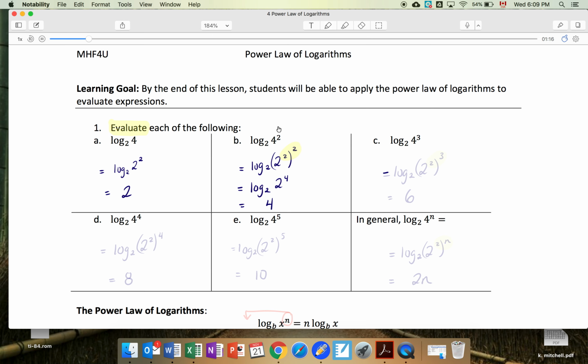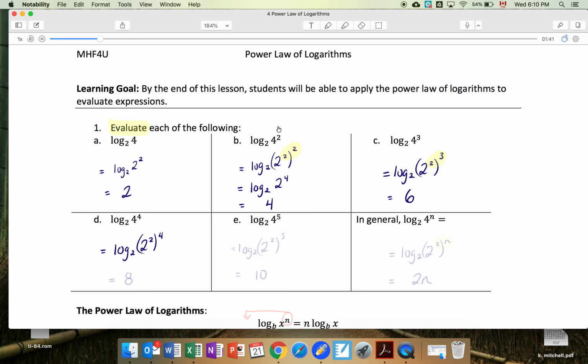Okay, if I keep going, I have log base 2 of 2 squared to the power of 3, and this would come out to being our exponent, which is 2 times 3, or 6. Keep going. I have log base 2 of 2 squared to the power of 4.